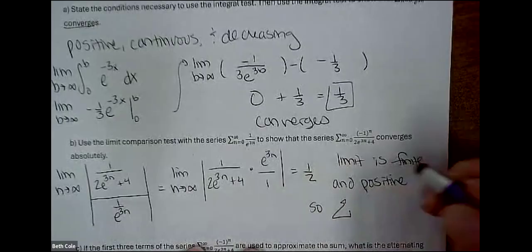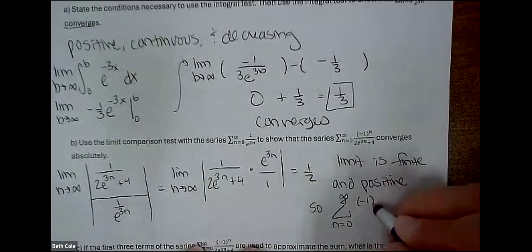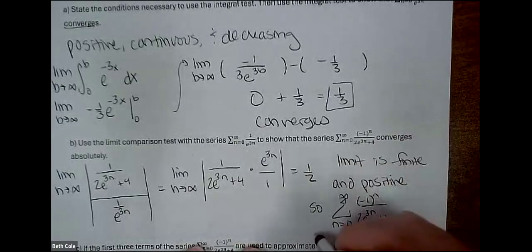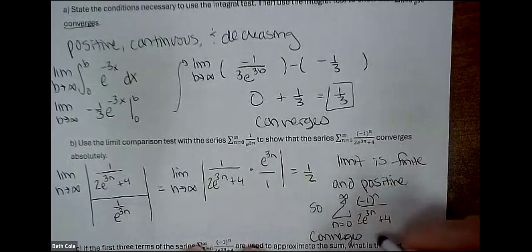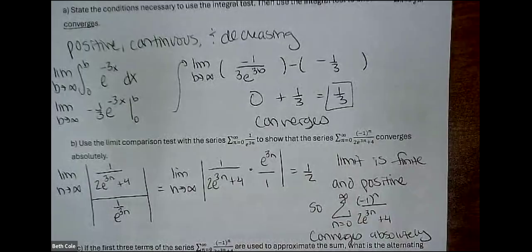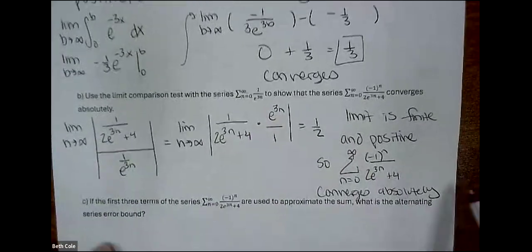So this series converges absolutely. So it was a limit comparison. We just showed the limit. They told us what to compare to.